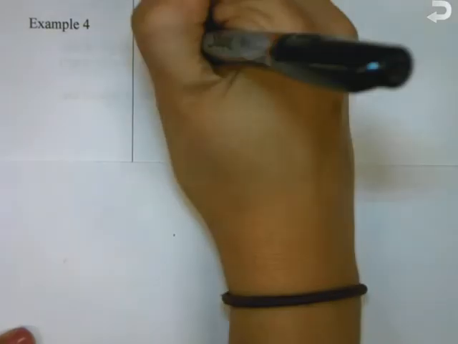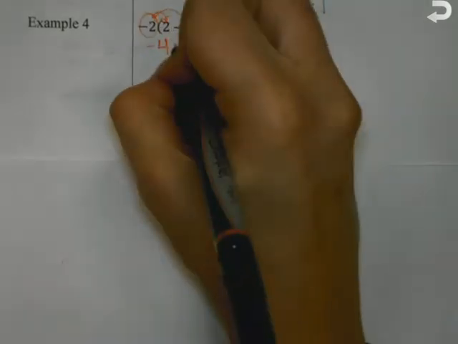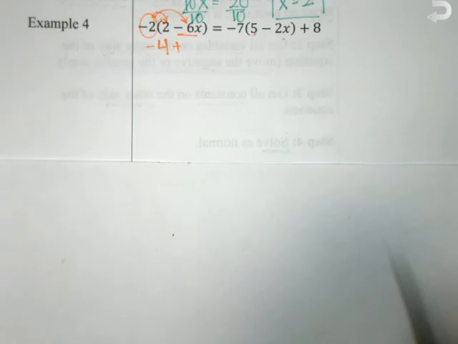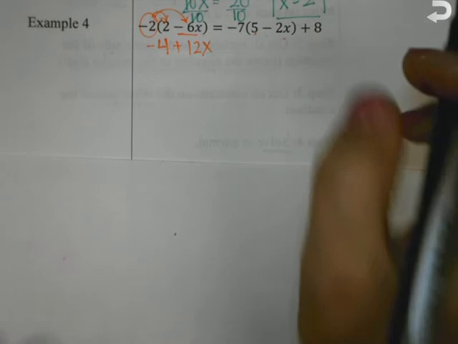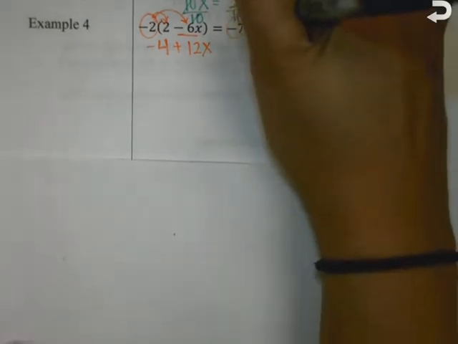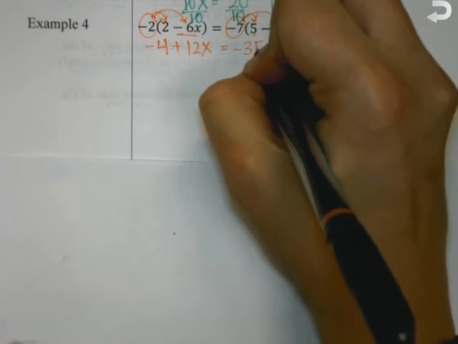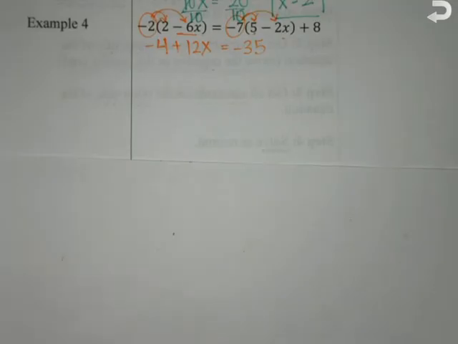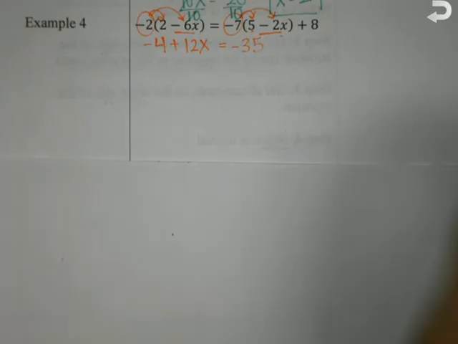Plus, because this is a -6x, 12x. And then distribute the -7. So that's going to be equals -35 plus or minus? Plus, because this is a -2x. So plus 14x plus 8.